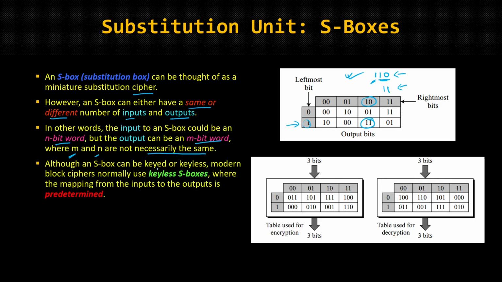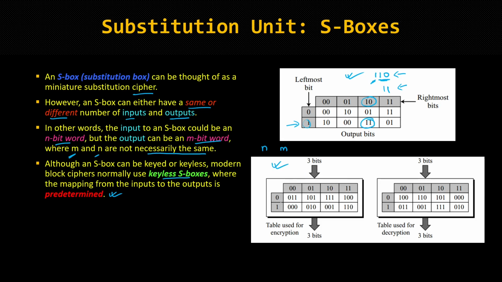Although an S box can be keyed or keyless, modern block ciphers normally use keyless S boxes, where the mapping from the inputs to the outputs is predetermined, which is similar to our P boxes, right? The mapping is predetermined. Now, if the n bits and m bits that we are using are the same, then we can look at this example.